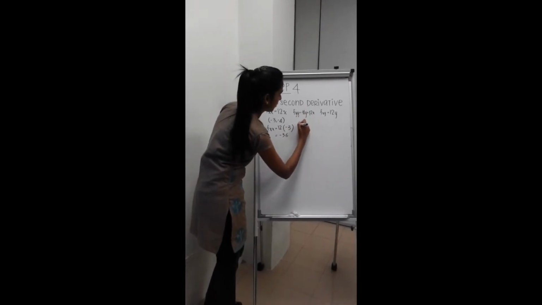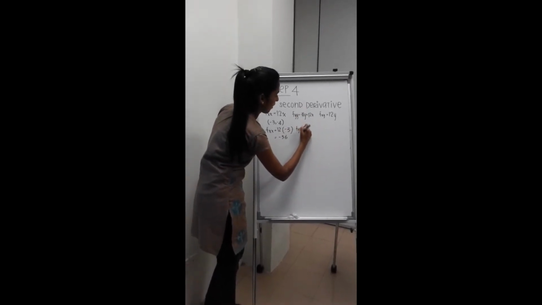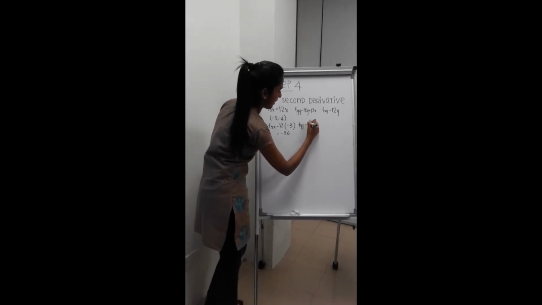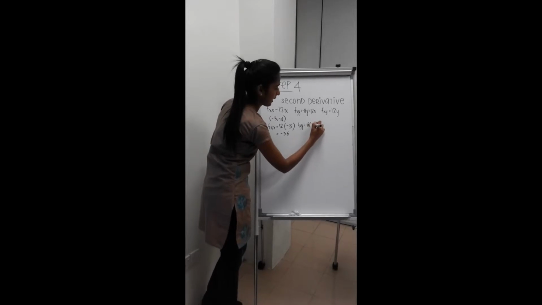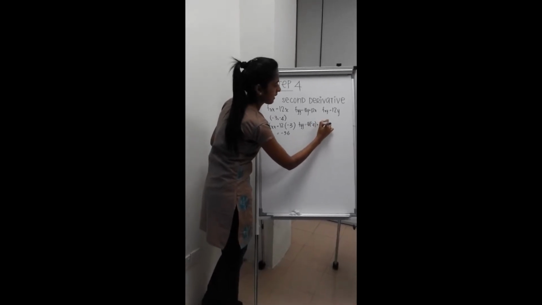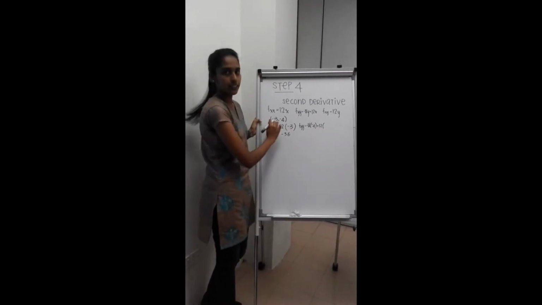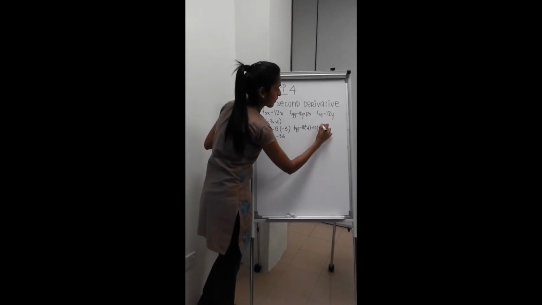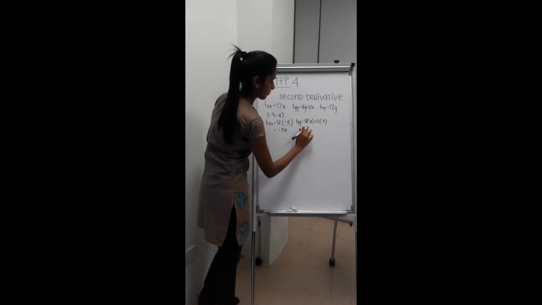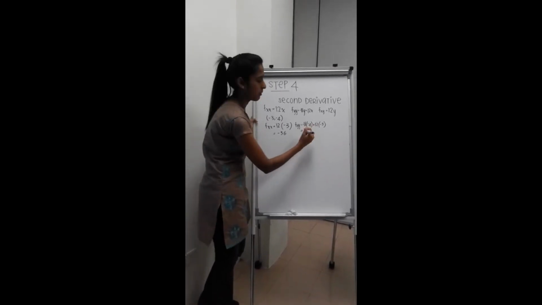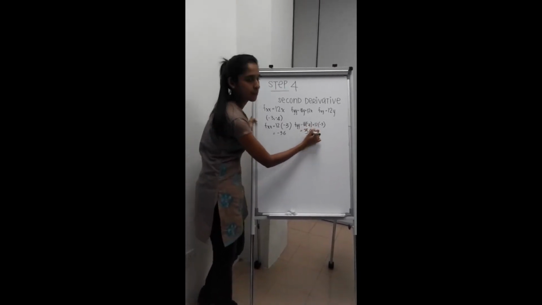Now I will substitute: fyy is negative 18, y is negative 4, plus 12, x is negative 3. Okay, so now the answer will be 36.